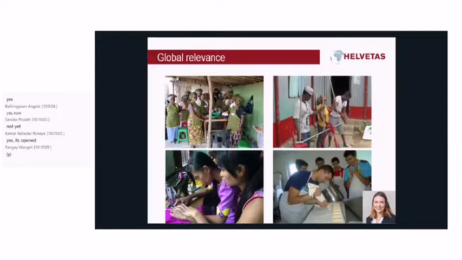They may live in rural or remote areas, in areas that are not sufficiently served by the formal vocational and education training system, or they face unequal access due to factors like poverty, gender, ethnicity, or disability.